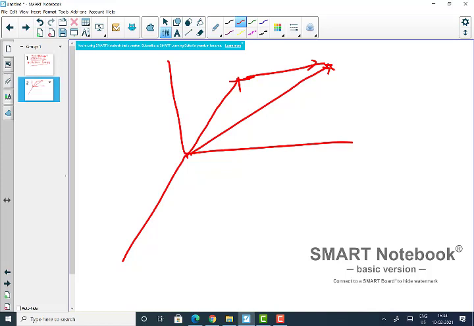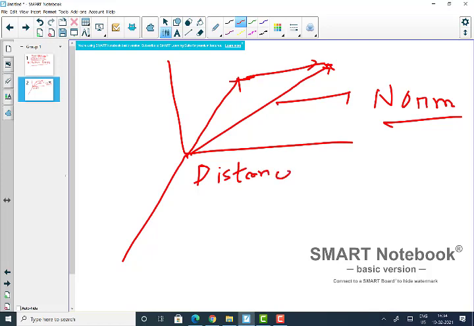The idea of length of vectors is generalized by something called norm, and you will learn this in functional analysis. And the generalization of distance becomes metric.